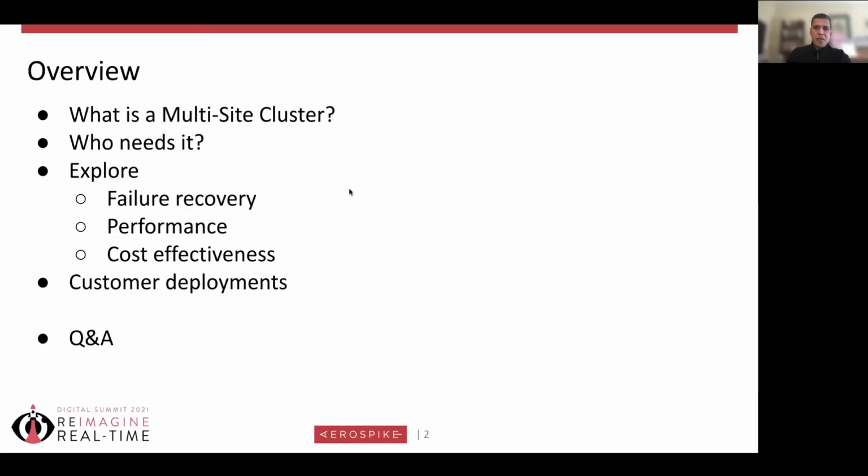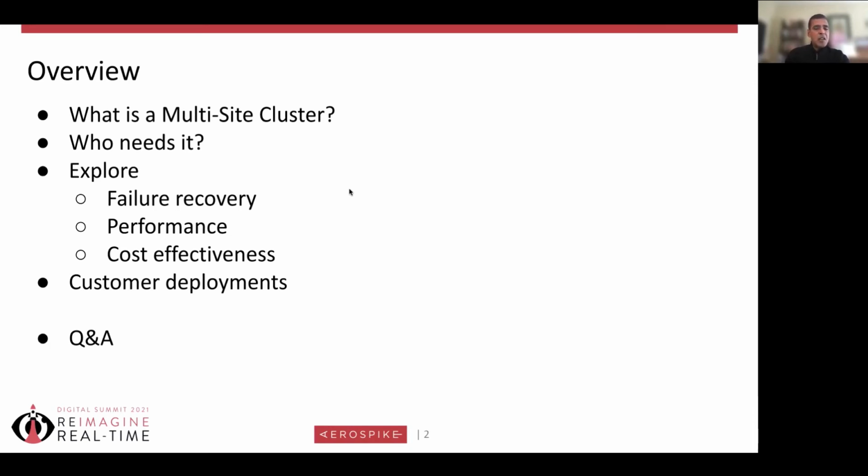So this is the overview of today's session. First, we'll look at what a multi-site cluster is and what it implies. Who needs it, or what application it enables. Then we'll explore a few key areas, such as how a multi-site cluster recovers from various failures.